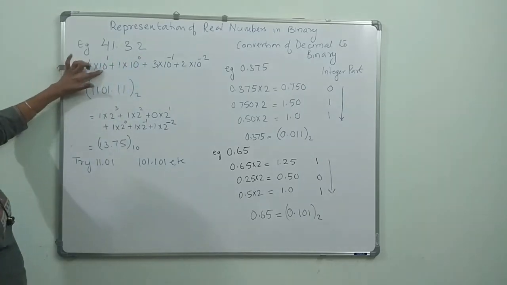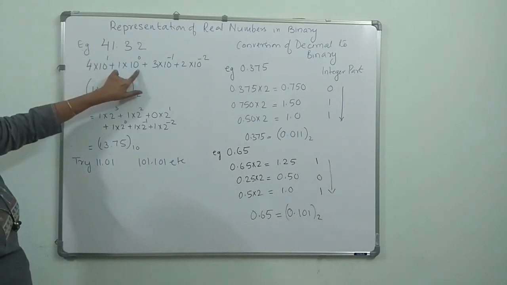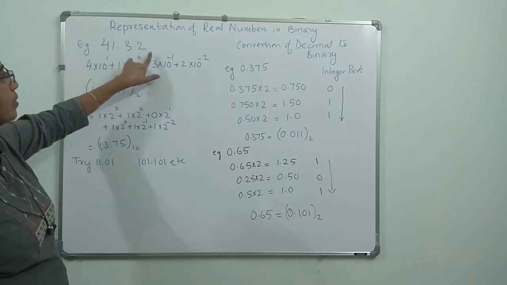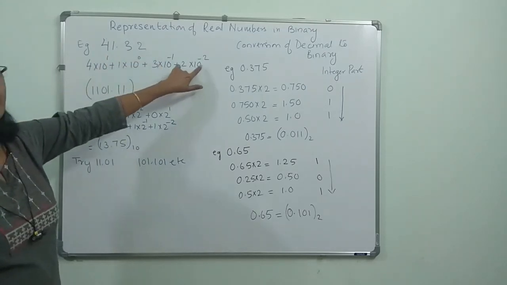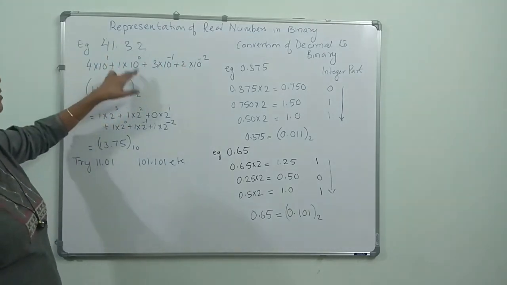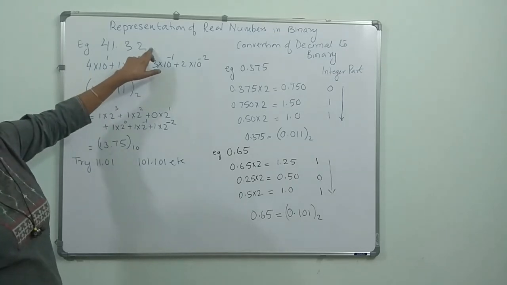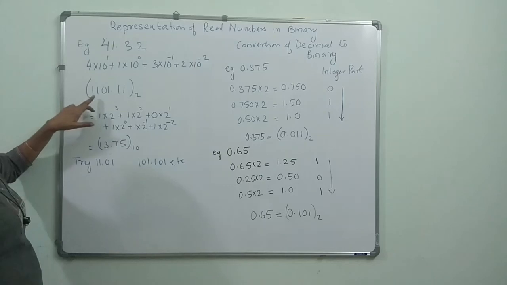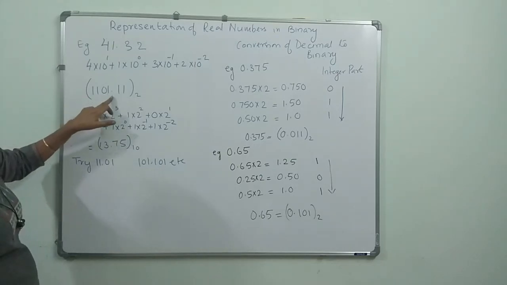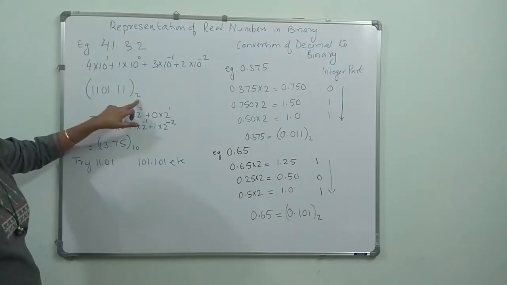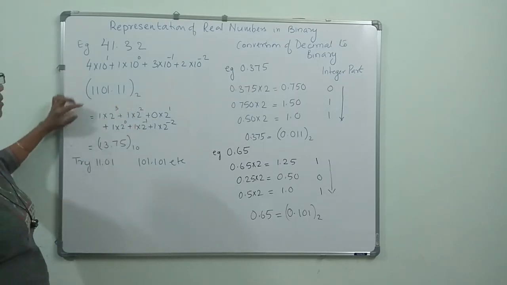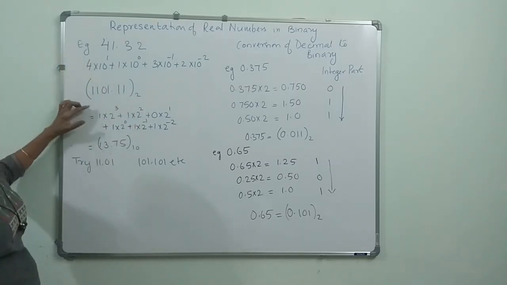So this is 4 into 10 raised to 1, plus 1 into 10 raised to 0, plus 3 into 10 raised to minus 1, plus 2 into 10 raised to minus 2, because here the base is 10 in the decimal system. Similarly, you can look at a binary number. This is 1101.11 in base 2. 2 denotes binary. In a similar format we can convert.